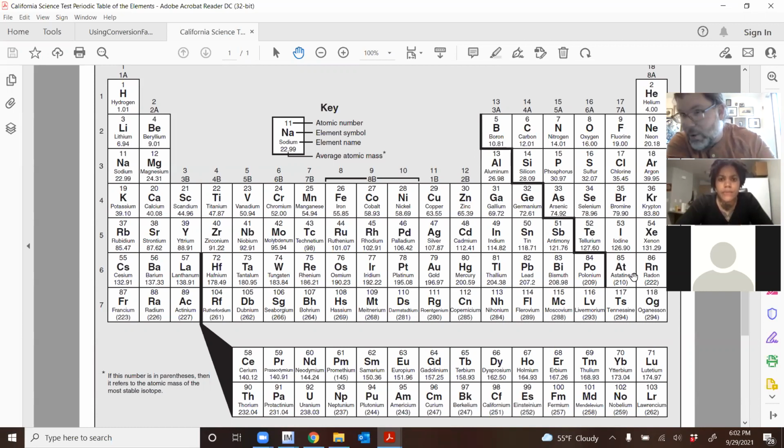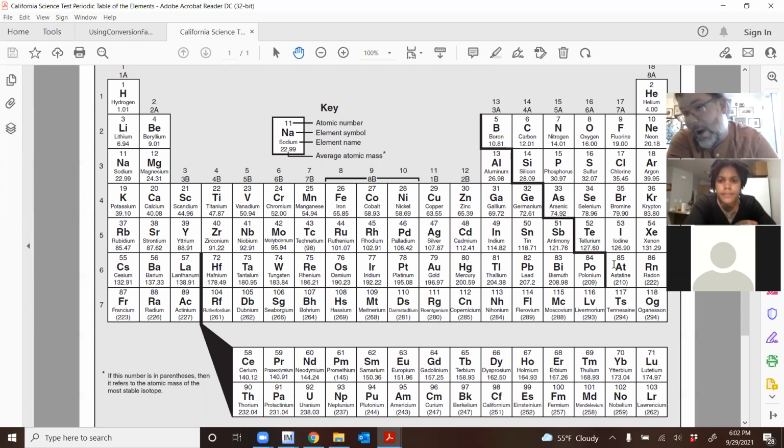Now, your book, if you read closely, will say that some of the elements like silicon and germanium and arsenic, antimony, ones that are really close to this line, are kind of somewhere in between metals and non-metals. They're called metalloids. We don't have to really worry that much about the metalloids. For us right now, to a first approximation, if it's on the left-hand side of that stair-steppy line, we'll call it a metal for now.